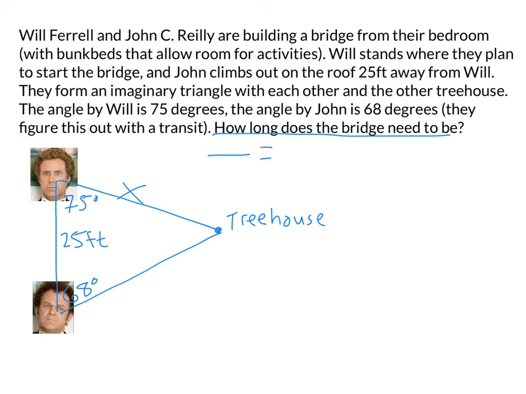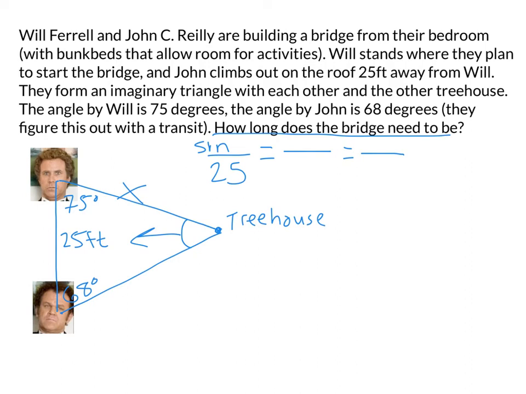So let's see what information I have when I set up my superproportion. So I'm missing an angle here. This angle right here could be pretty helpful because I know what the opposite side is, right? So if this is 25, I want to take the sine of its angle that's across from it. Well, how would I figure that out?